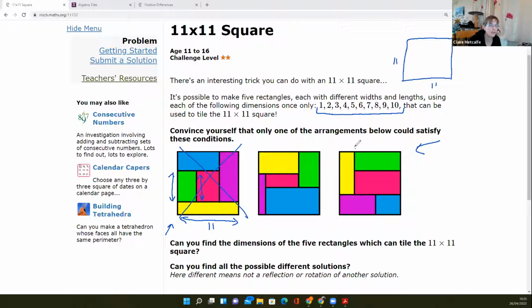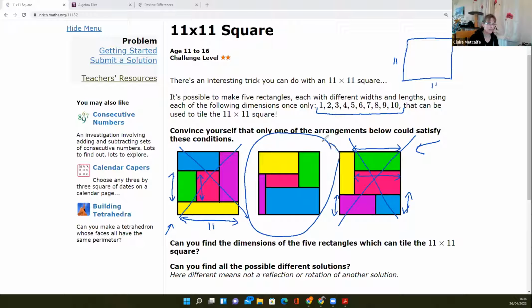Okay, so it's got pink and green because they've got the same width or a shared dimension. Is there another pair that cause a problem? And I apologise for people for whom trying to distinguish between these colours is quite difficult. Yeah, purple and blue. So they've got a dimension in common as well. So we know that one's not a possible arrangement. But this one seems to be okay.